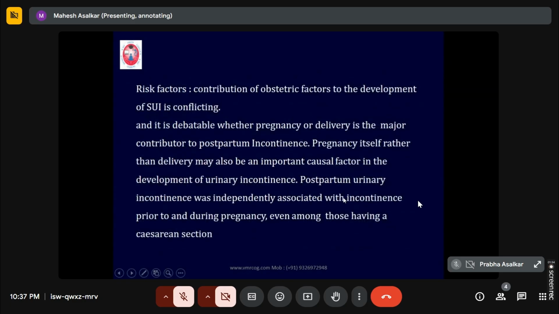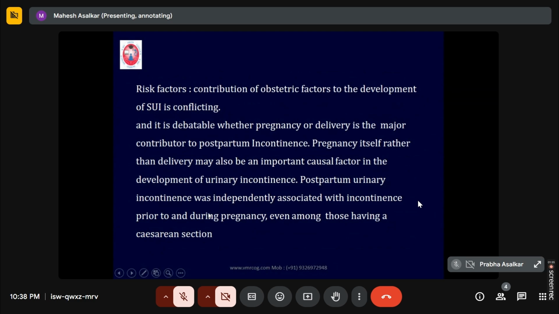Okay. Now, what are the risk factors? Contribution of the obstetric factors to the development of SUI is conflicting, and it is debatable whether pregnancy or delivery is the major contributor to postpartum incontinence. So what contributes more, whether it is pregnancy or delivery, that is debatable. Pregnancy itself rather than delivery may also be an important causal factor in the development of urinary incontinence.